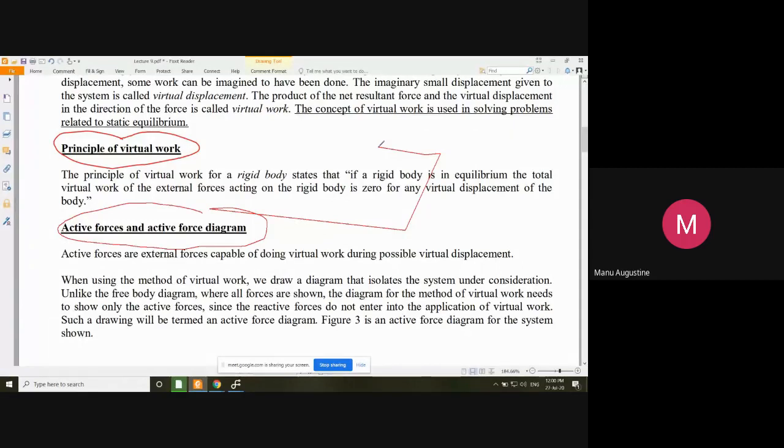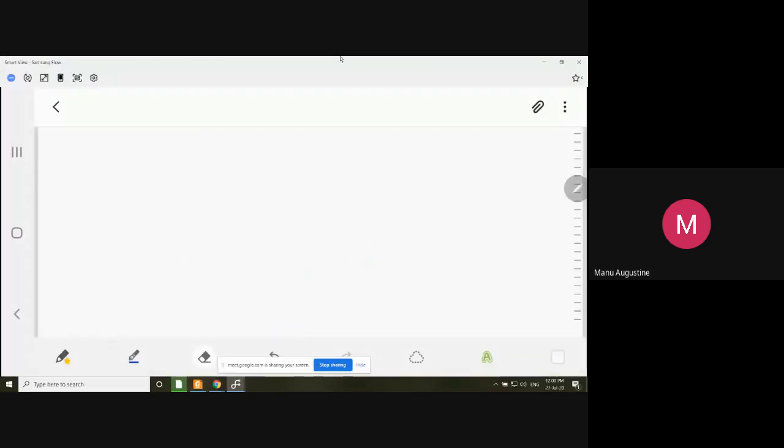Let me first give you a definition of active forces। एक्टिव फोर्स किसको कहते हैं?